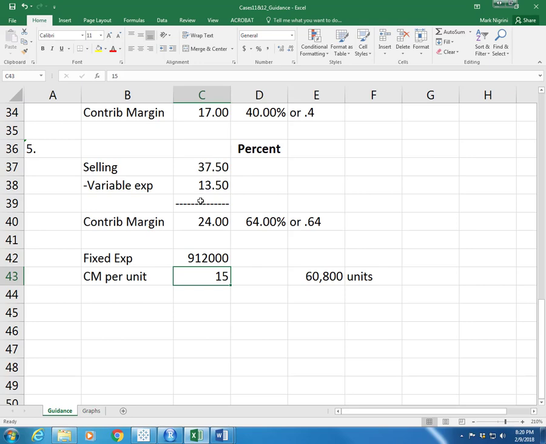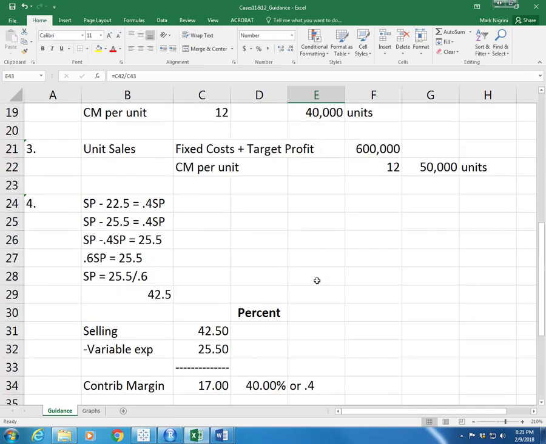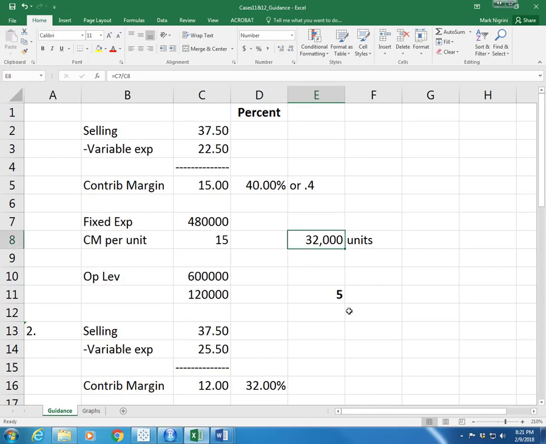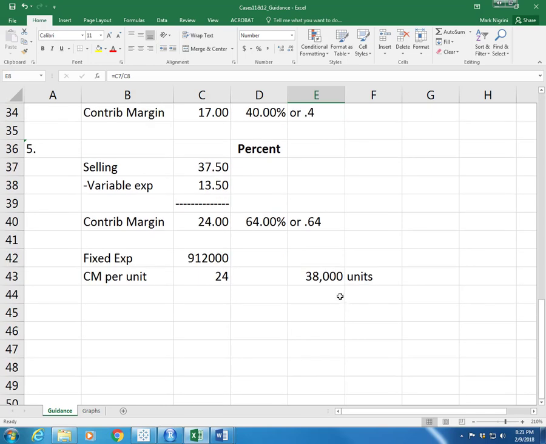So new fixed expenses 912. New contribution margin. It's not the 15 anymore, but it is 24. New break even 38,000. So things are not looking very good. If we automate to break even, we have to go all the way up to 38,000 units, whereas before I could break even at 32. This isn't necessarily better.